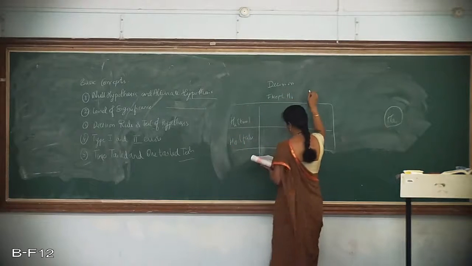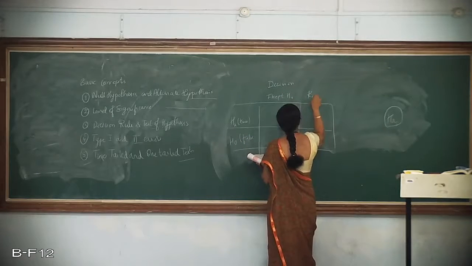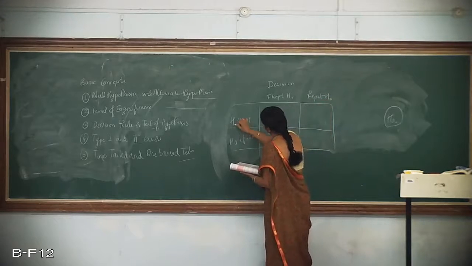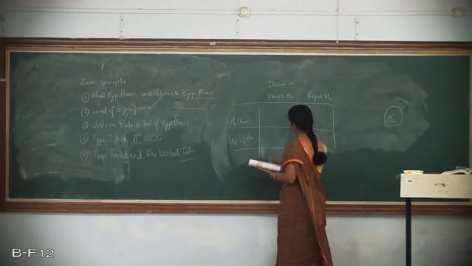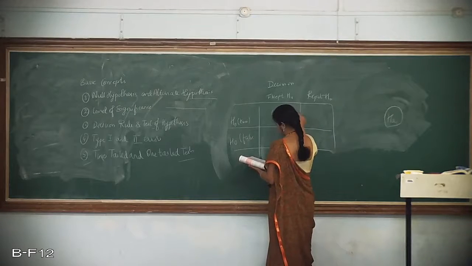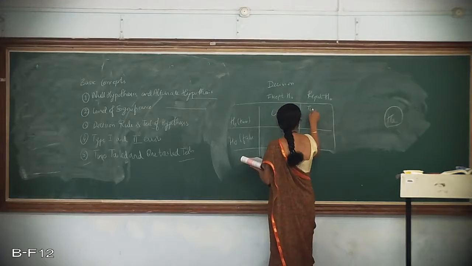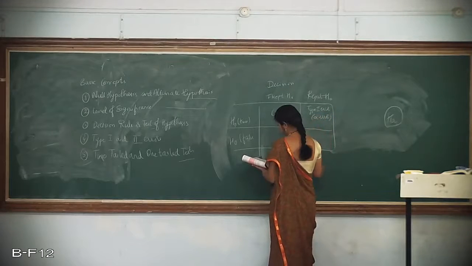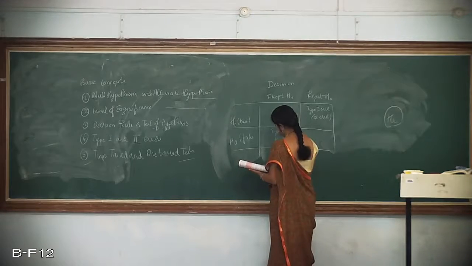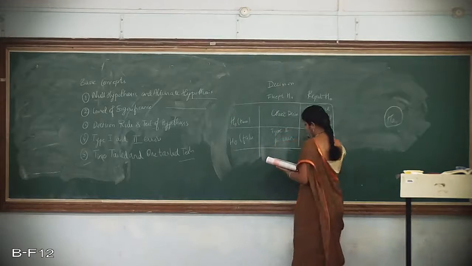Reject H naught, do not reject H naught. Type 1 error, alpha error. Type 2 error, beta error. Correct decision.